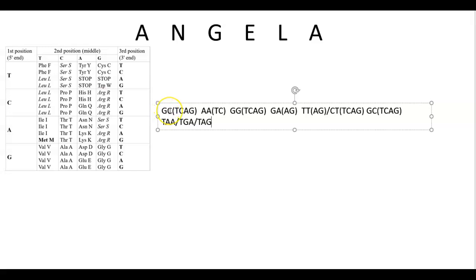So it could be GCC, AAT, GGT, GAA, TTA, GCC. Stop. So here you can write your name in a DNA code if we assume that this is the protein.